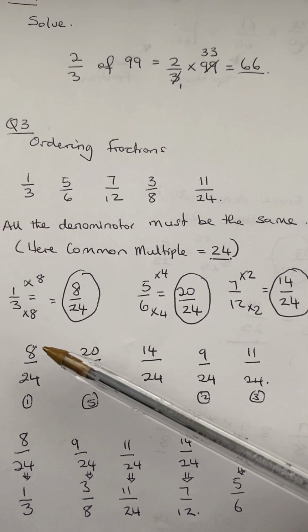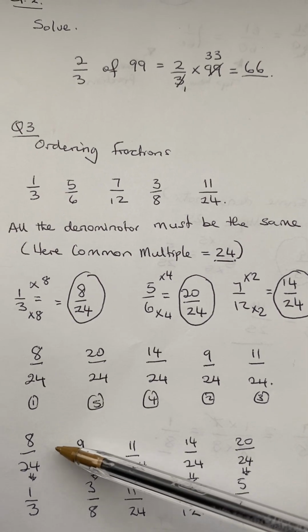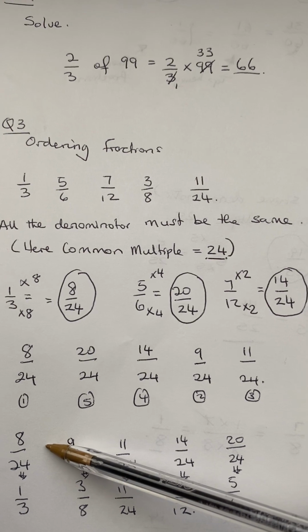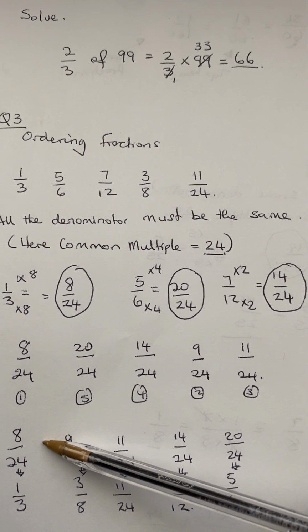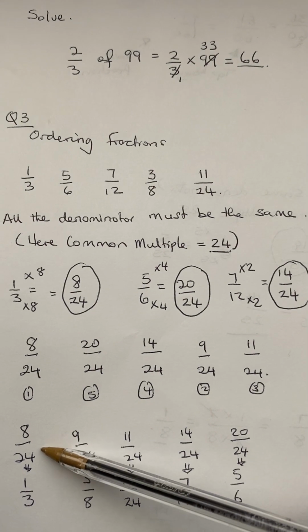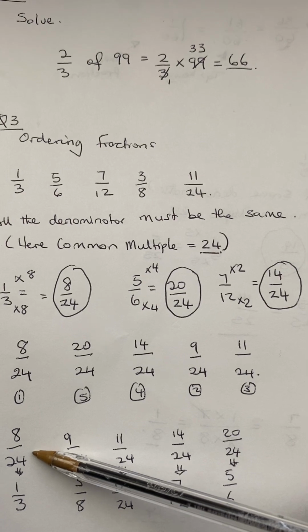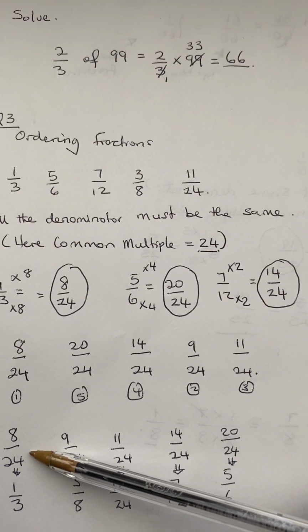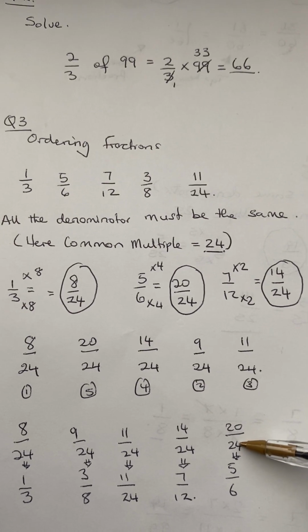So now look at the numerators. 8 is my first lowest number. Okay, if they said order them from lowest to highest, then you start from the lowest. If they say order them from highest to lowest, then you put this first.